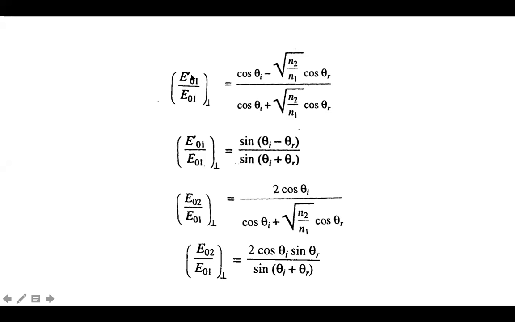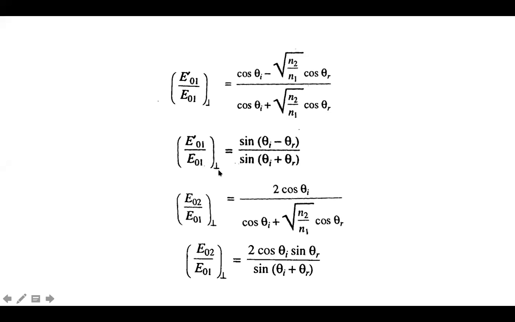So the reflected wave in comparison with the incident wave is equal to this, in terms of cos theta I or the refractive index. And I can also take it like this in terms of sin theta I and sin theta R, without any refractive index here. So this is the comparison of the reflected wave with respect to the incident wave.